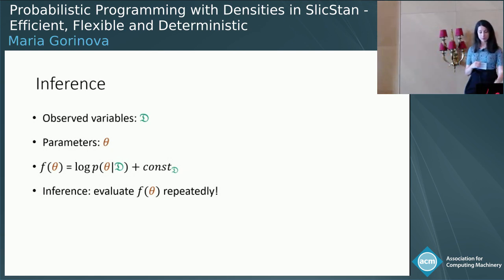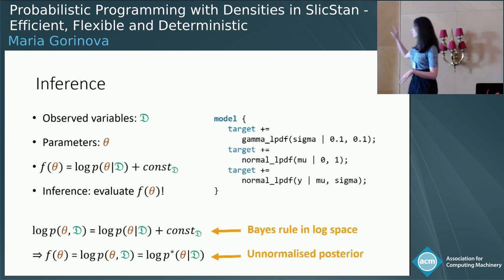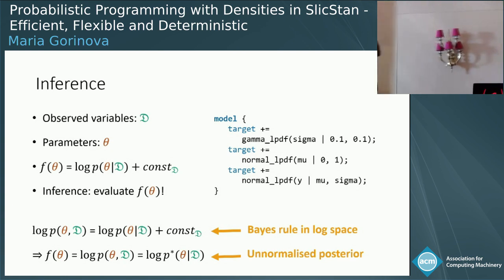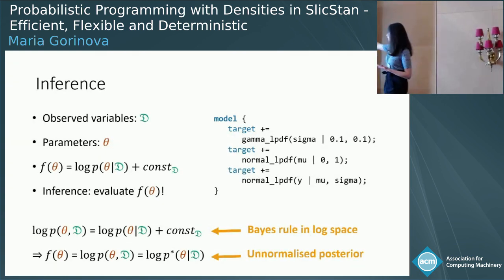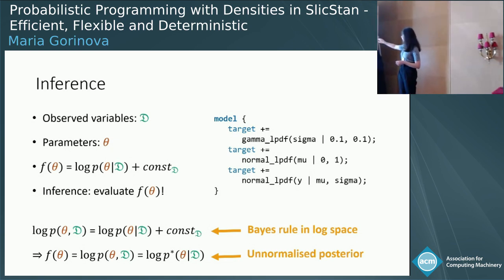And if we look back at Stan's model block, this is exactly what Stan does, only that we work in log space, which is for numerical stability, really. So here we have the Bayes rule in log space at the bottom. We have the log joint density that the Stan program specifies, which really is the log posterior plus something that is a constant with respect to the parameters.